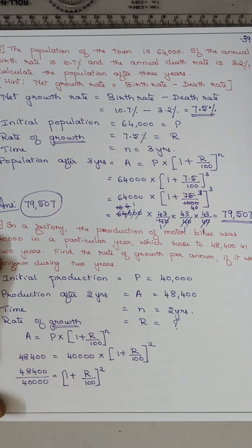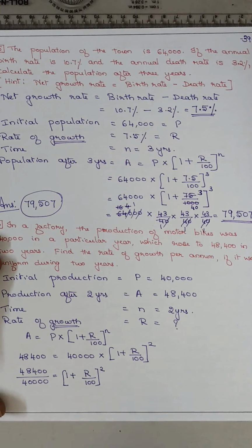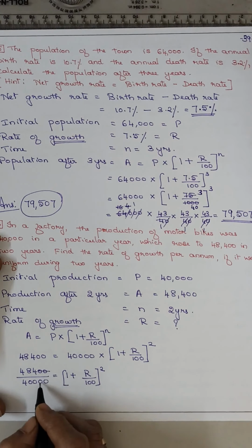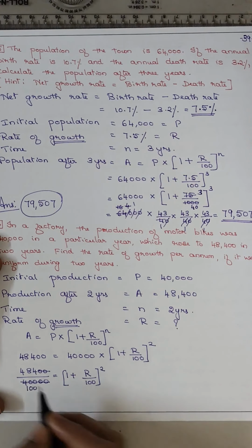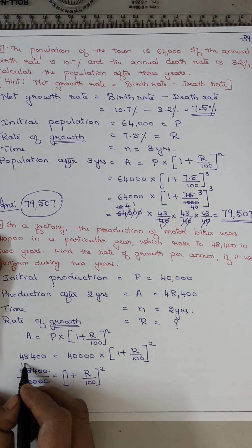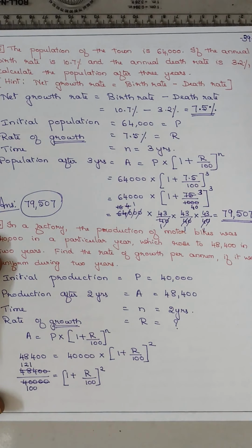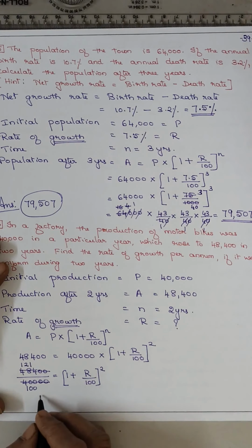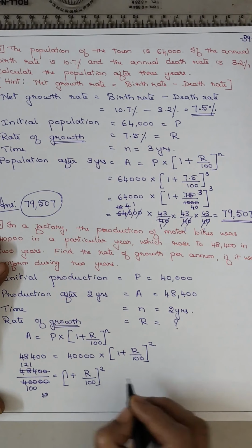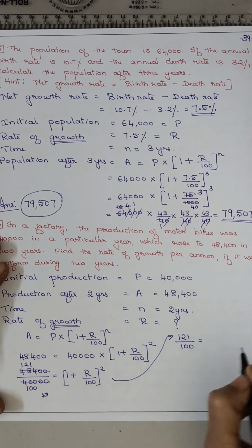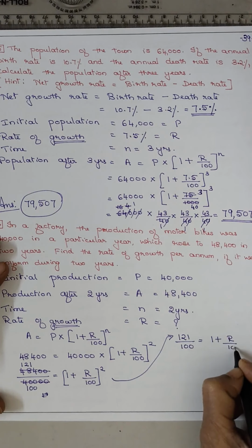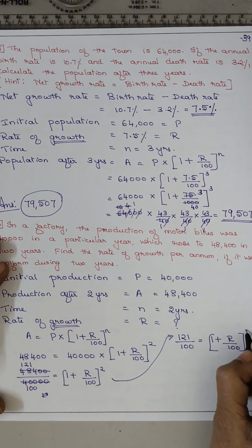Remember, in the earlier worksheets also we have seen how to find out r. So first 2 zeros cancel. Now 4 का टेबल में 4 ones are 4, 4 twos are 8, 4 ones are 4. So you got 121 upon 100. So 121 upon 100 is equal to 1 plus r upon 100 the whole raised to 2.